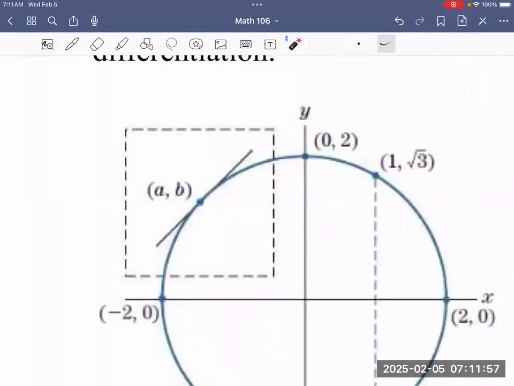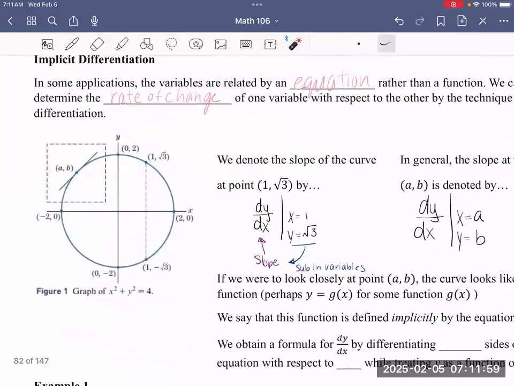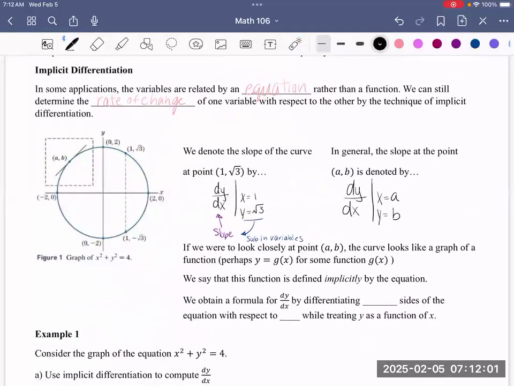We obtain the formula for dy/dx by differentiating both sides of the equation with respect to x. x is your independent variable, so that one is the primary variable. And y is treated as a function of x. It is your dependent variable.